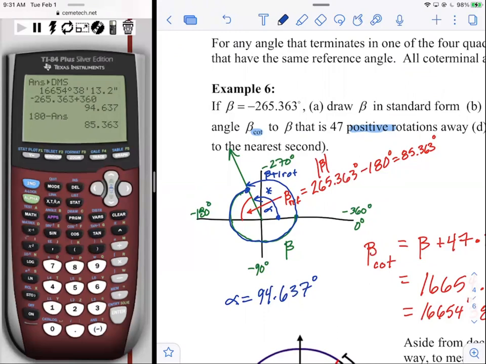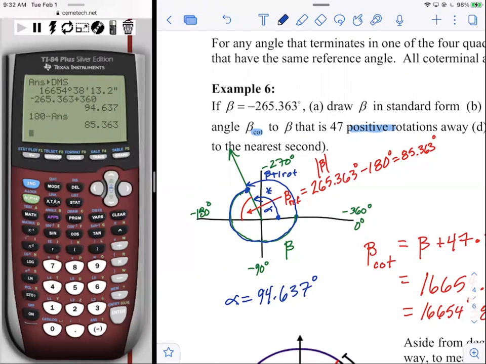That's why the diagram is so important. The most important thing is to figure out for any given angle, where does it terminate? And that's why we did those big angles first. In which quadrant does it terminate? If you know that, and the measure of rotation that gets you there within one rotation, whether it's negative between 0 and negative 360 or positive, you can find the reference angle.